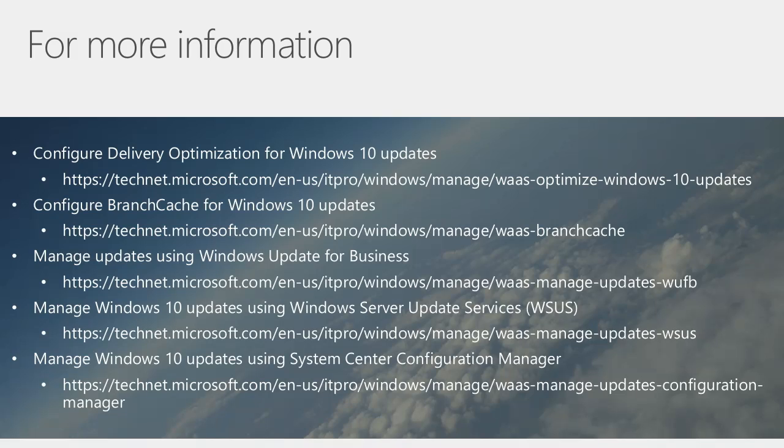In the case of WSUS and Config Manager, there is an additional step. You need to enable the BranchCache component on the server side, which basically enables IIS to do the rest of the work. We then also talk about some more advanced scenarios. Like in the case of Windows Server 2012 R2 and 2016, there's a disk deduplication feature. That feature eliminates all the duplicate files and can significantly reduce the amount of disk space your server consumes.